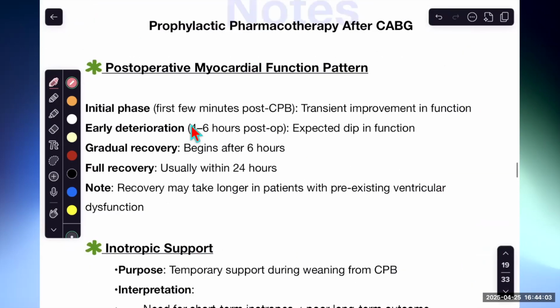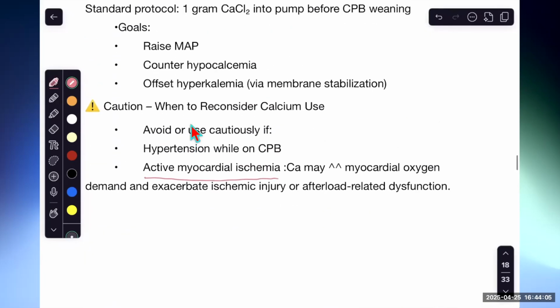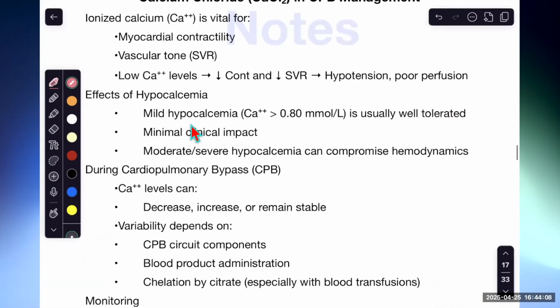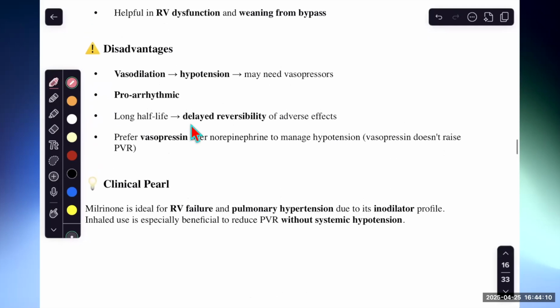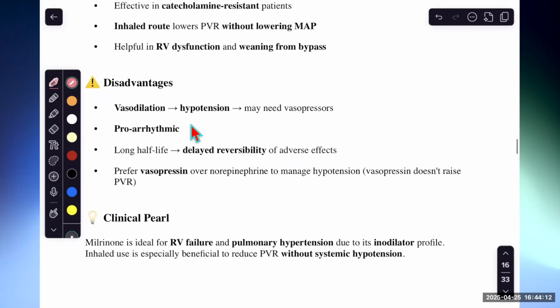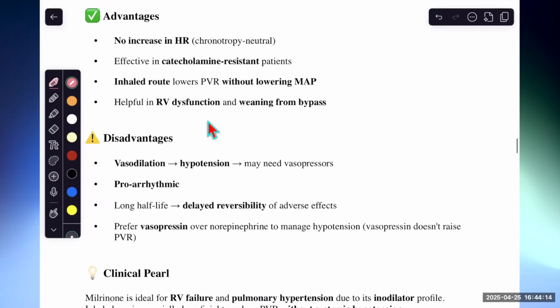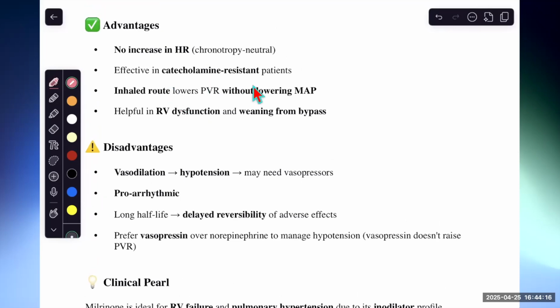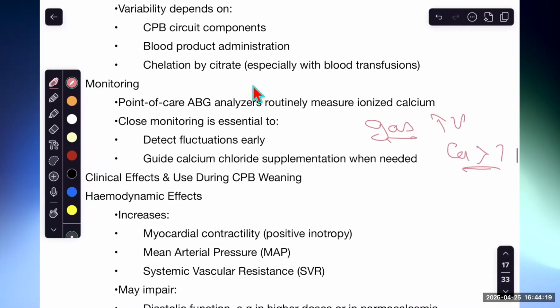You remember here, where is the milrinone? In the milrinone, we said it is effective in catecholamine-resistant patients. Who are these patients?